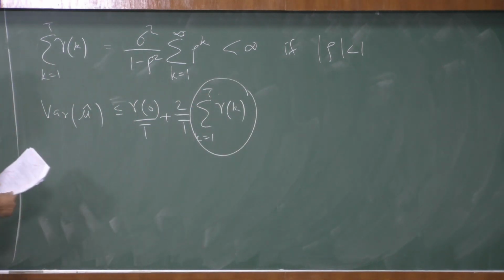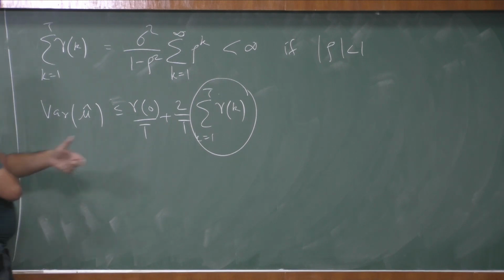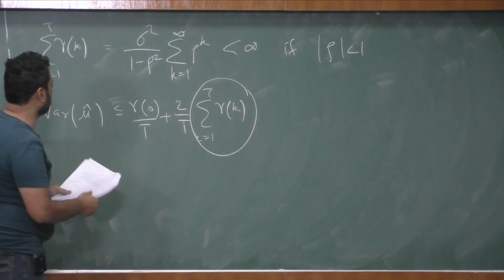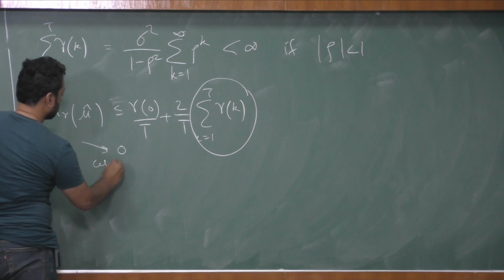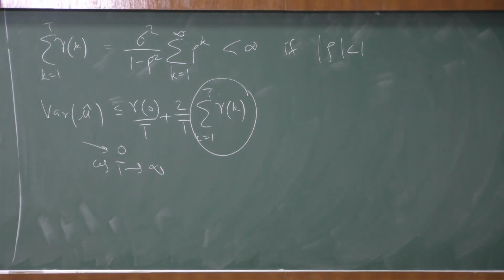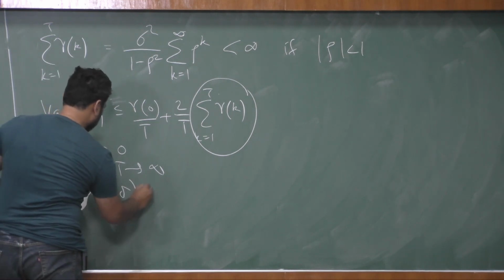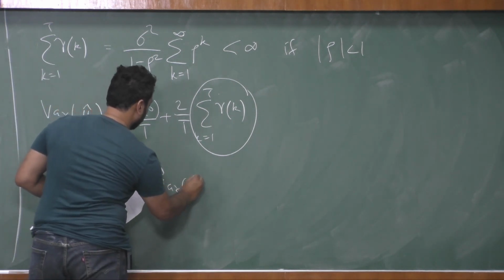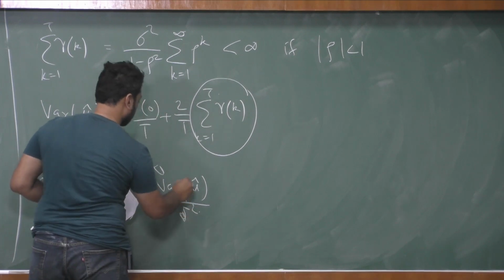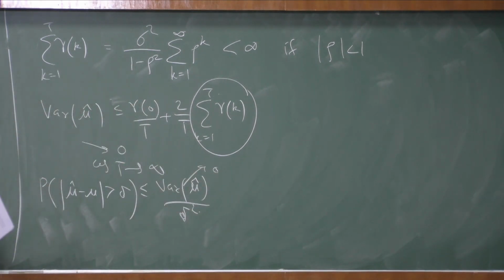Now with the absolute value of rho being less than 1, if gamma k is summable, then this will end up as a finite quantity, and overall this will go to 0 as t tends to infinity, and from there we can claim that the probability that |mu hat minus mu| is greater than delta is less than or equal to variance of mu hat by delta square. So this will then go to 0, and mu hat is a good estimator for the true mean.